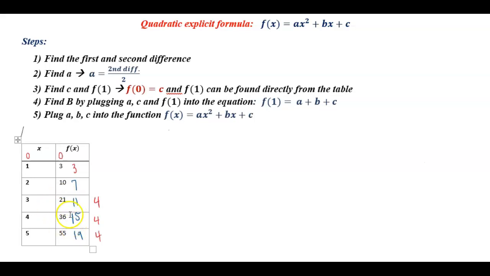Okay, so again, here's how I do it. Once I have the second difference, I go backward. 19 minus 4 is 15, 15 minus 4 is 11, 11 minus 4 is 7. Therefore 7 minus 4 will be 3, because 3 plus 4 is 7.